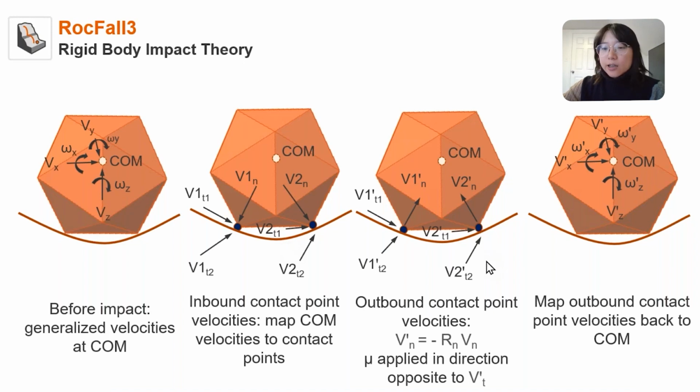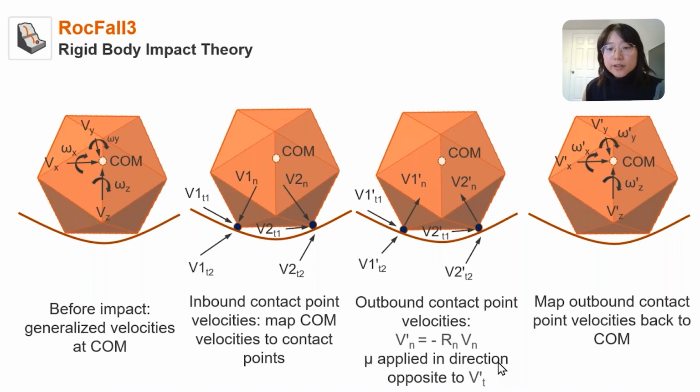Now, to get the outbound velocities, we apply the coefficient of normal restitution to the normal velocity component, and the friction is applied as an impulse acting opposite to the incoming tangential velocities.